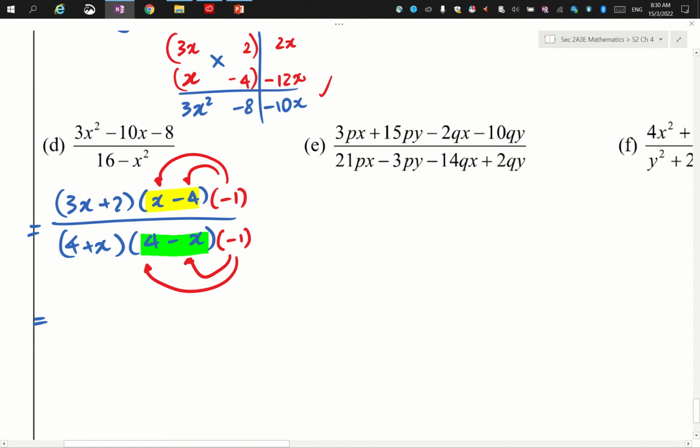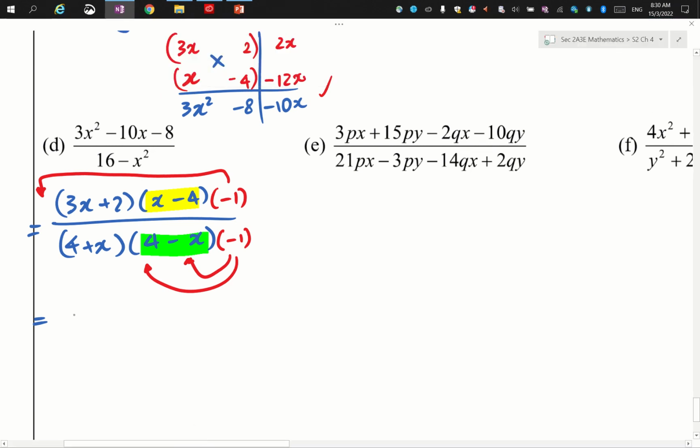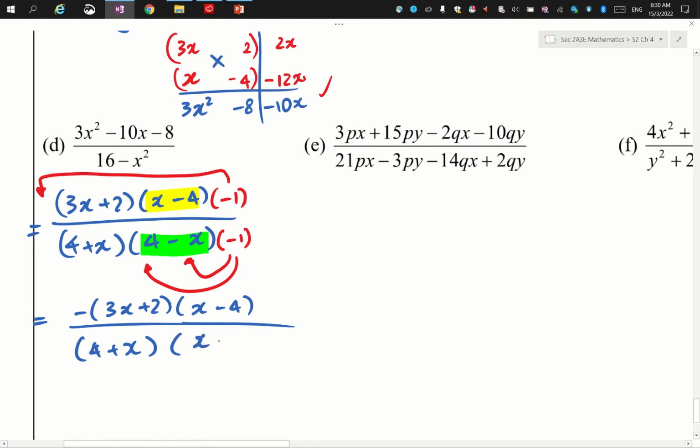You are unable to get common factors. So instead of multiplying negative 1 to negative 4 to the yellow expression, how about we park it in front? So this is what it will look like. Negative 3x plus 2 divided by, x minus 4 divided by 4 plus x and x minus 4.